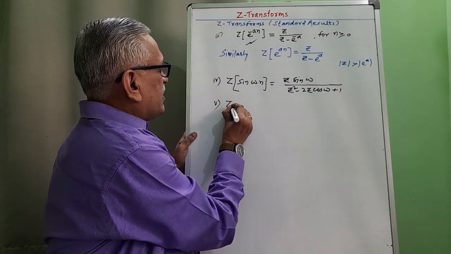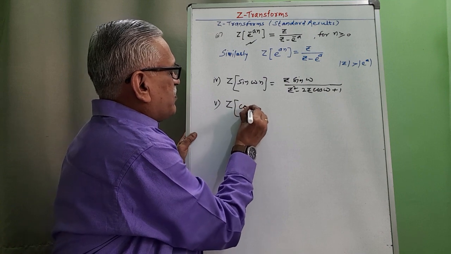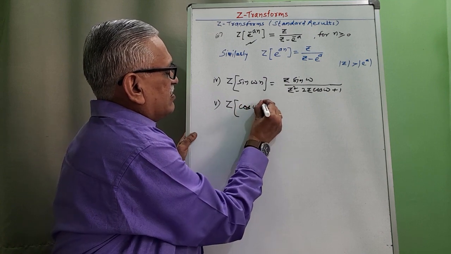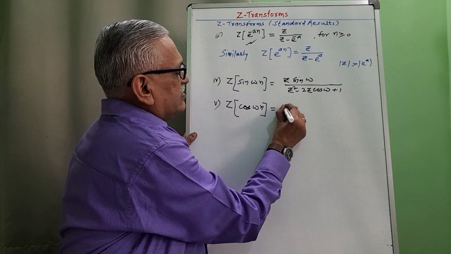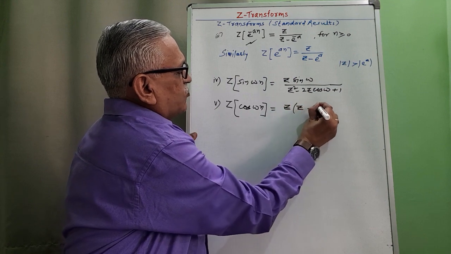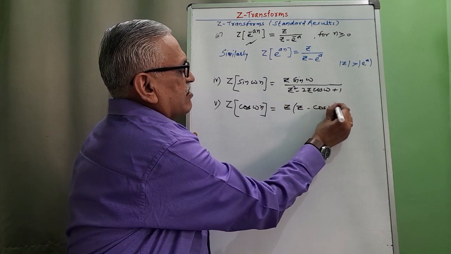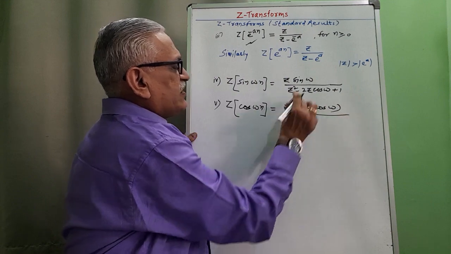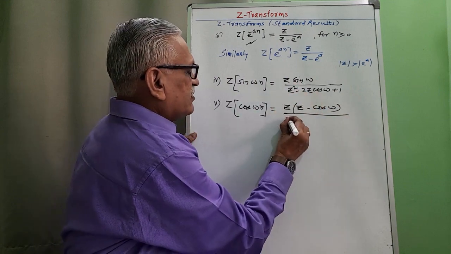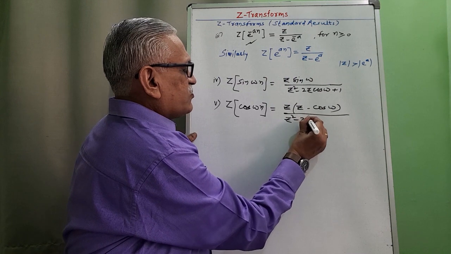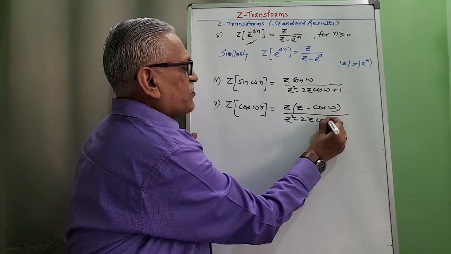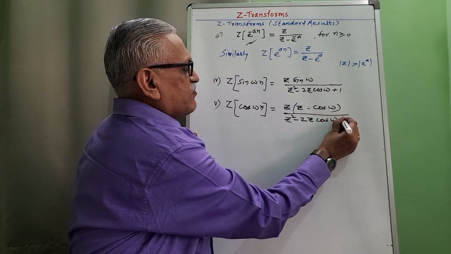Fifth one: Z transform of cos of omega n is z into z minus cos omega, whole divided by the same denominator, that is z square minus 2z cos omega plus 1.